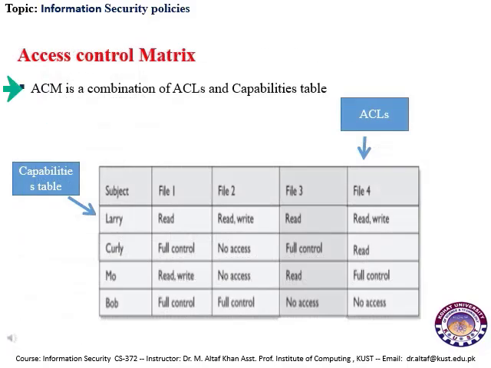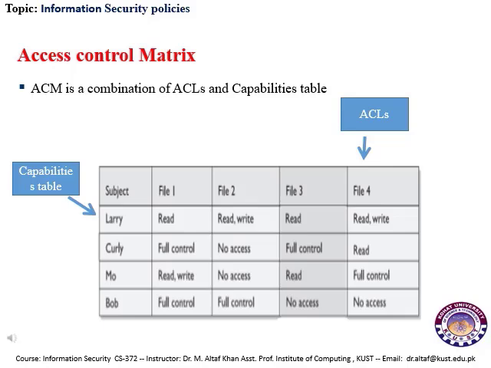Access control matrix is actually the combination of capability tables and ACLs. As you can see on the slide, we have a table where the columns of the table represent ACLs and the rows of the table represent capability tables, and the combination of ACLs and capability tables creates an access control matrix.